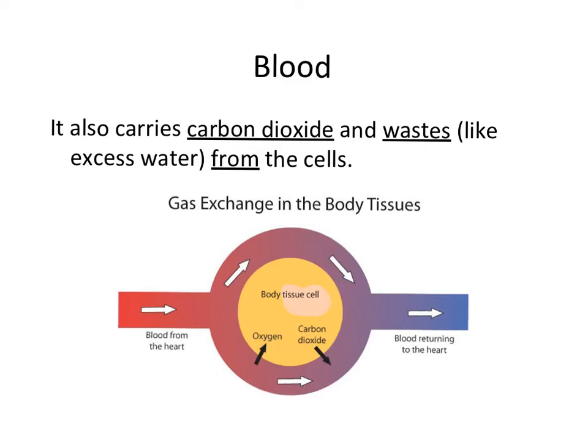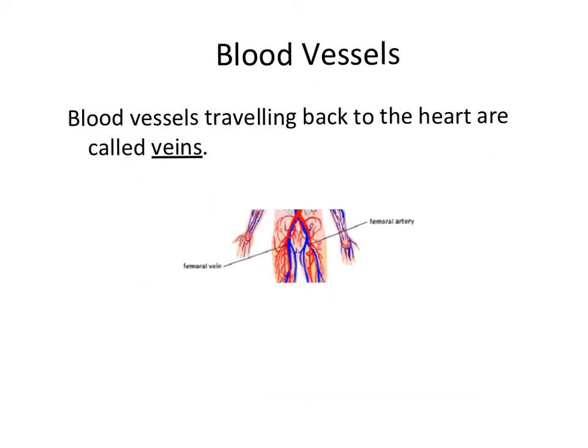The reason being, when blood vessels leave the heart to go to the lungs, it's carrying deoxygenated blood. So what we say is blood vessels moving away from the heart are arteries, always. Conversely, blood vessels traveling to the heart are always called veins.